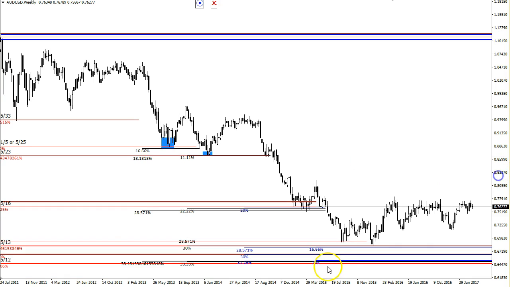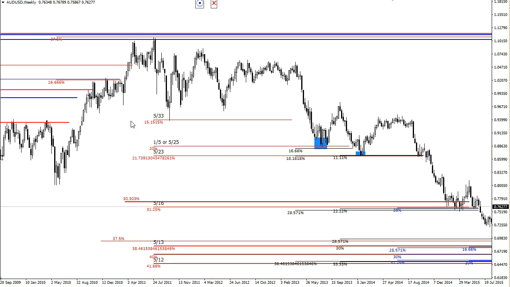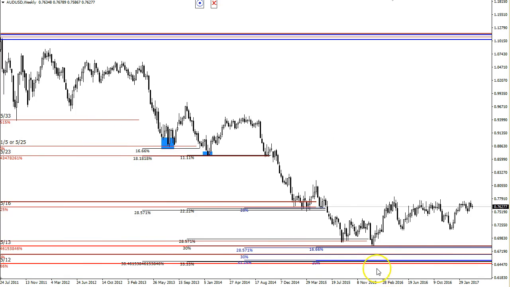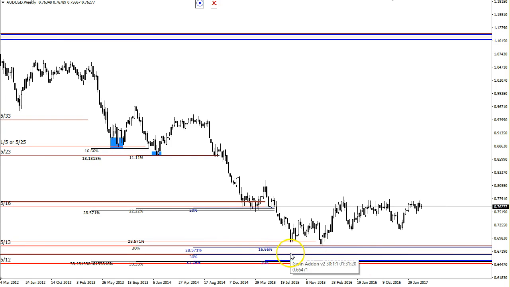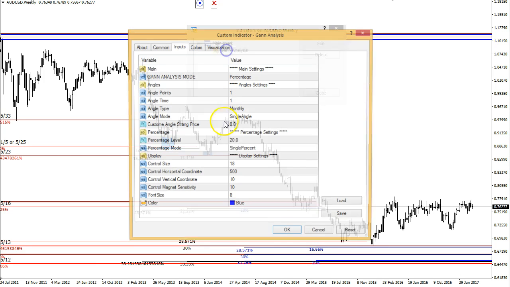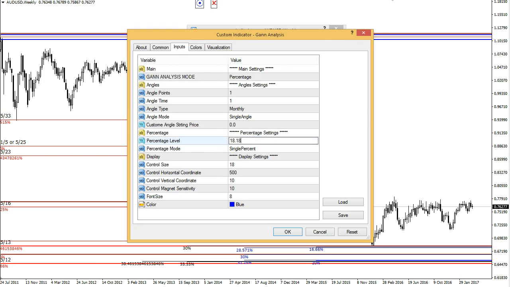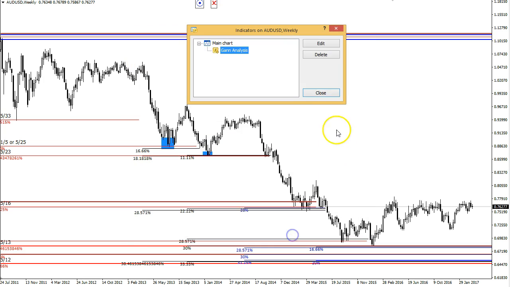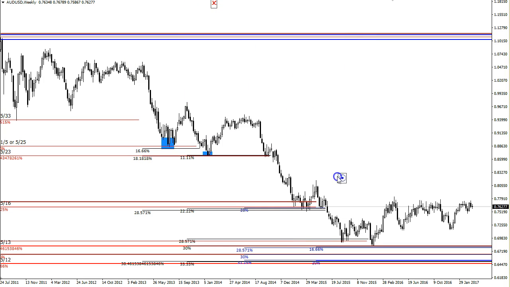So you can see that the 20% did stop the market here, and it's overlapping here. We understand also here 18.1818 did stop the market. So if we put 18.1818 in between the 20% and the 60%, it should be overlapping with the other percentage.